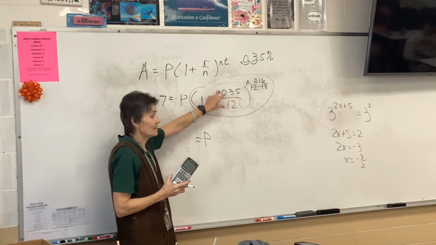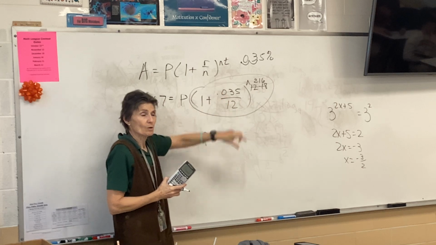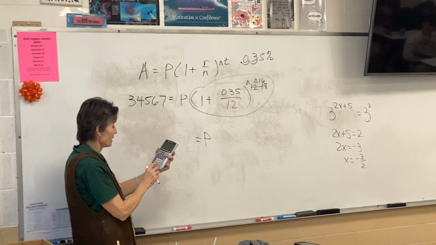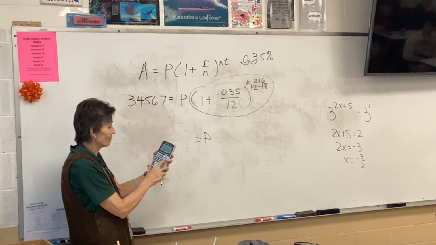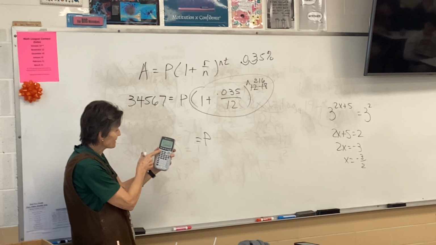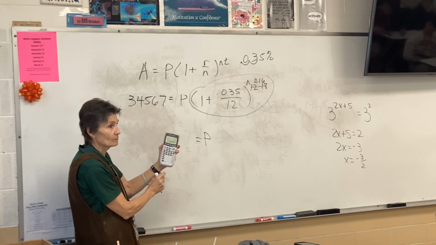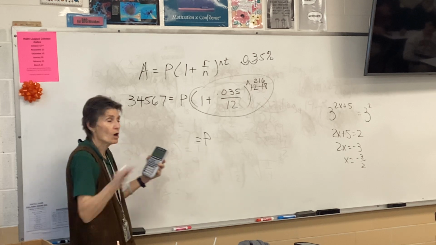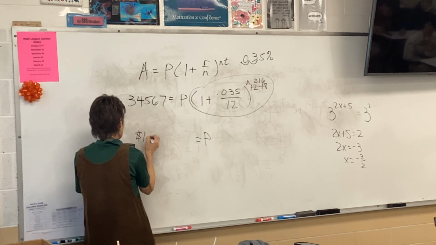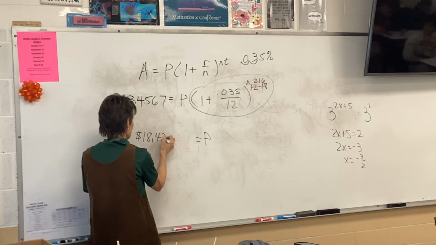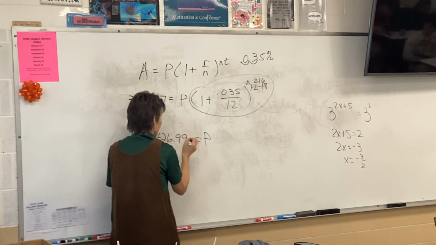Now I'm simply going to take 34,567 and divide it by the second answer. And now I have no round off, and I have my answer, which is 18,426.99.